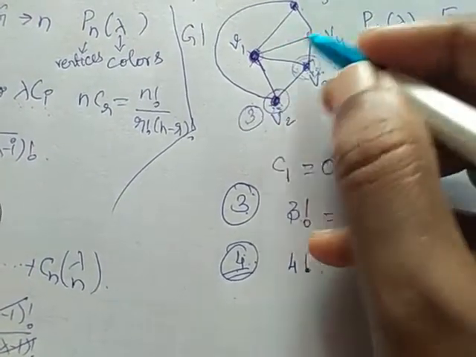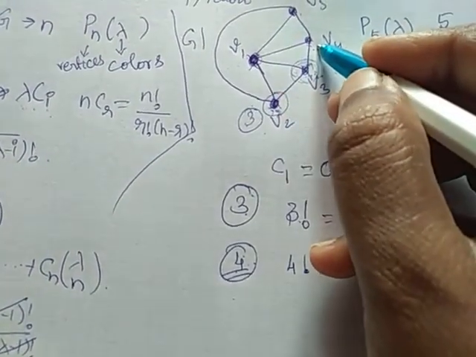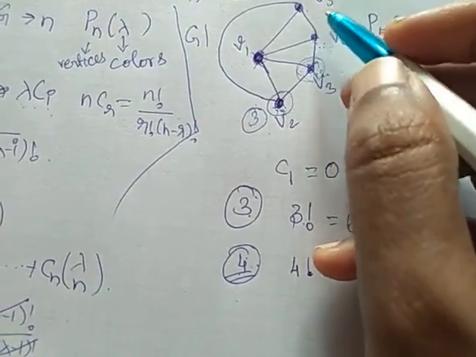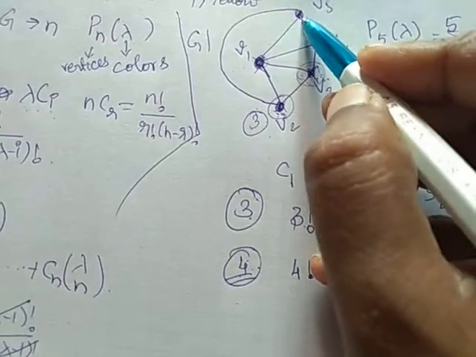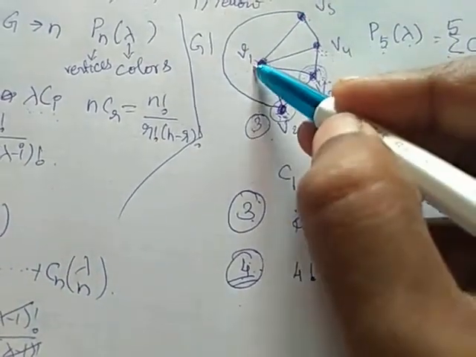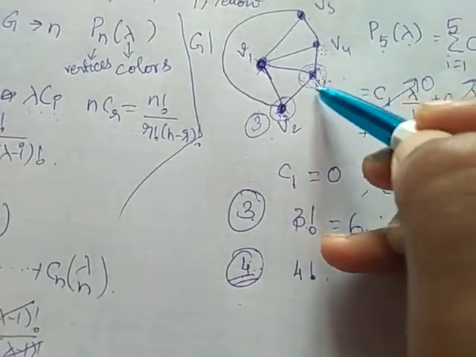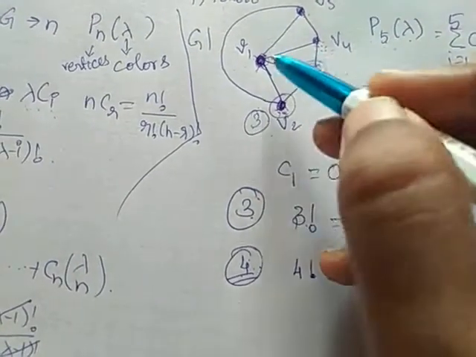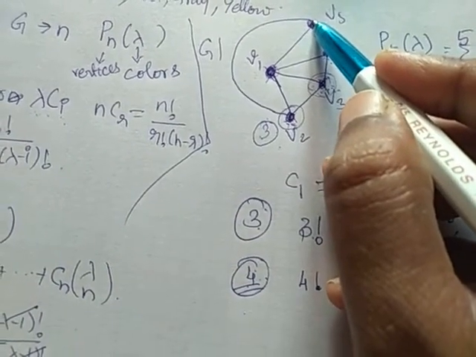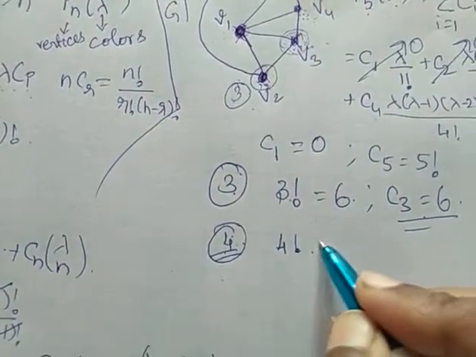And the 5th vertex has no additional options. Right? Because if we choose the 4th color, these 2 are adjacent. Whatever color we have chosen here, other than these 2 colors, we can apply for V5. Correct? Therefore, C4 is 4 factorial.